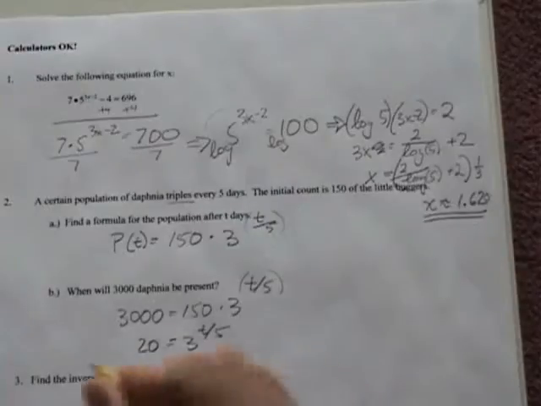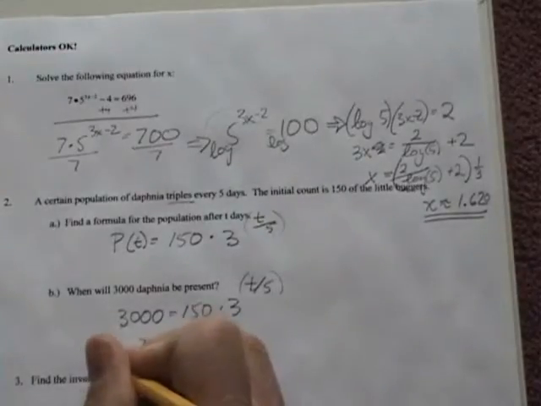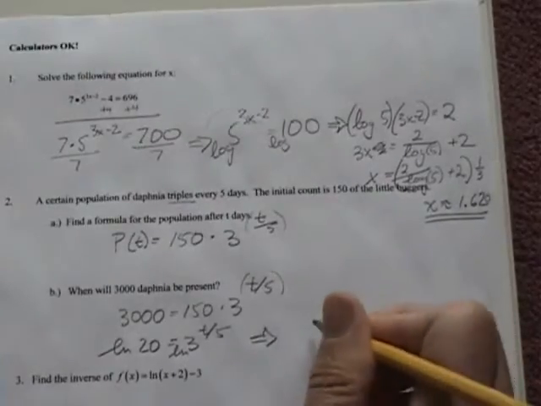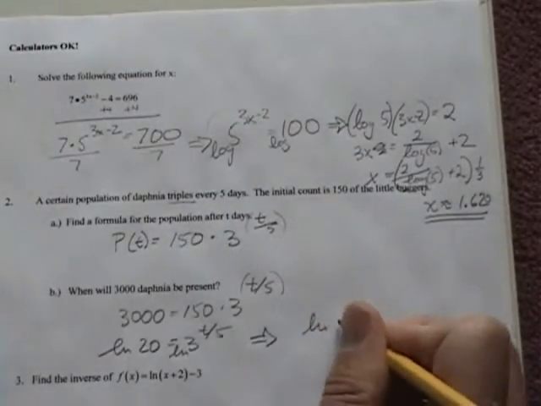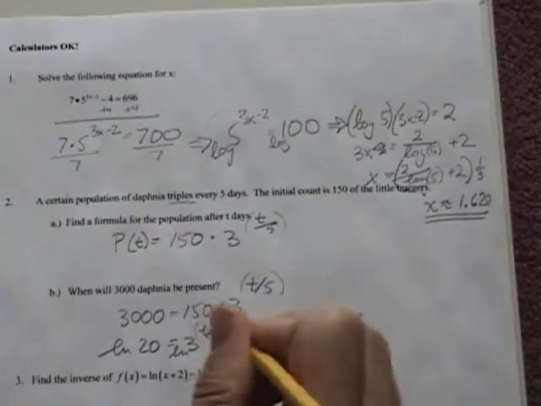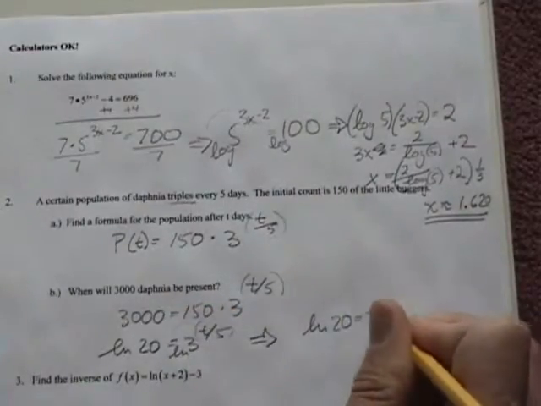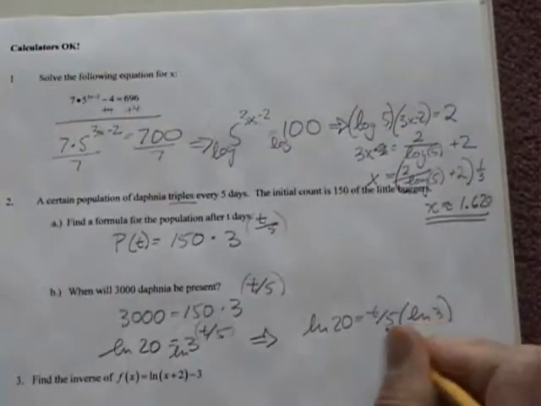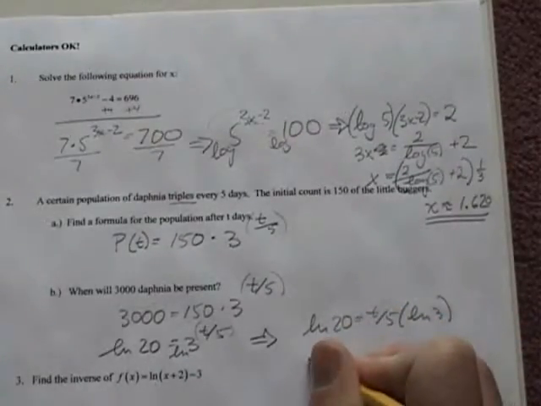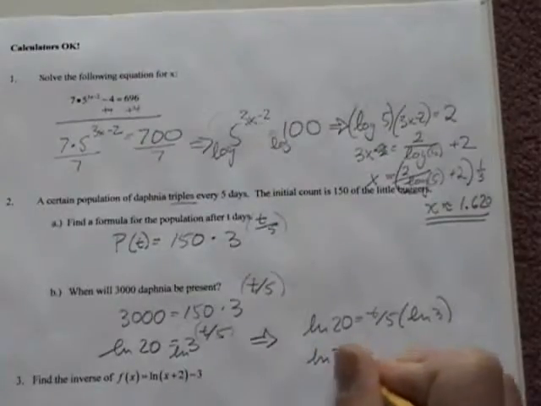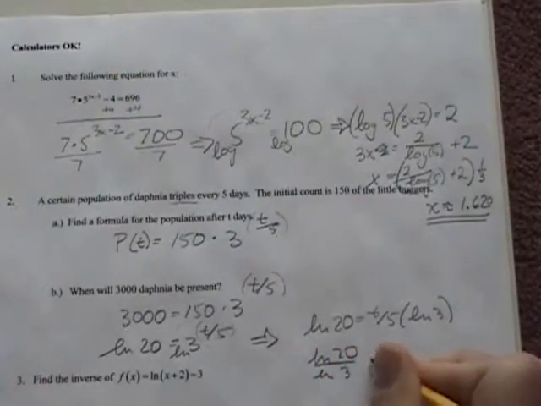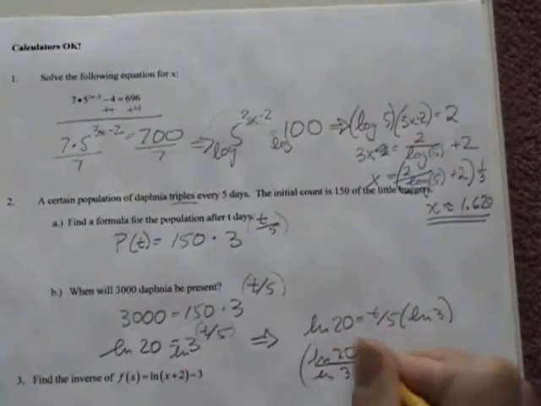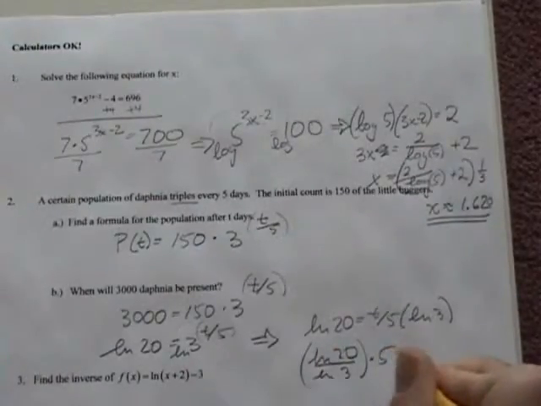I can then take the ln of both sides. ln of 20 equals, when this comes out front, t over 5 times ln of 3. Divide both sides by ln of 3. I get ln of 20 over ln of 3, and then I multiply both sides by 5, and that equals t.